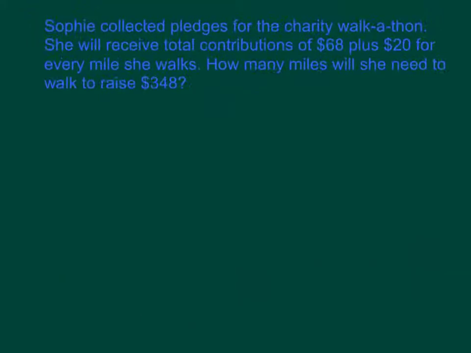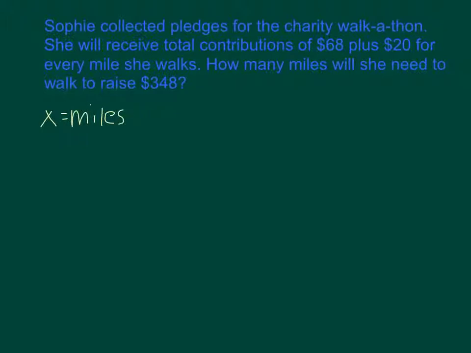$13.50. All right, our last example, it says Sophie collected pledges for the charity walkathon. She will receive total contributions of $68 plus $20 for every mile she walks. How many miles will she need to walk to raise $348? So x is going to be the number of miles that she walks.